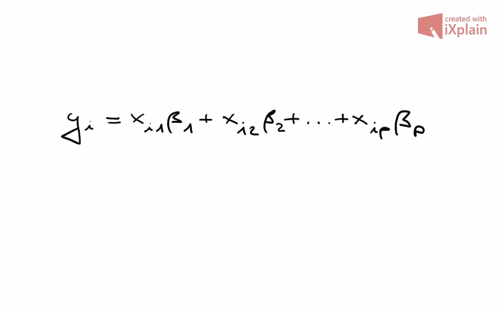Now, what is this supposed to mean? For the purposes of this lecture, and also later on, if there's a symbol with a little subscript, usually this is a scalar. So what you should think is, for example, that y_i is a number, let's say 9, and these x_i1, beta 1, x_i2, beta 2, and x_ip, beta p are all numbers.